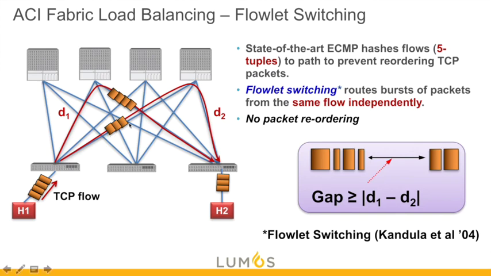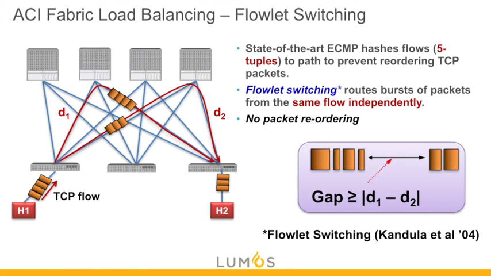So flowlet switching takes advantage of the fact that we have deterministic latency. Since TCP traffic is typically bursty, if a given flow is silent for the amount of latency we have between leaf 1 and leaf 3, then we can dynamically switch the direction of that flow, switch its hash bucket.